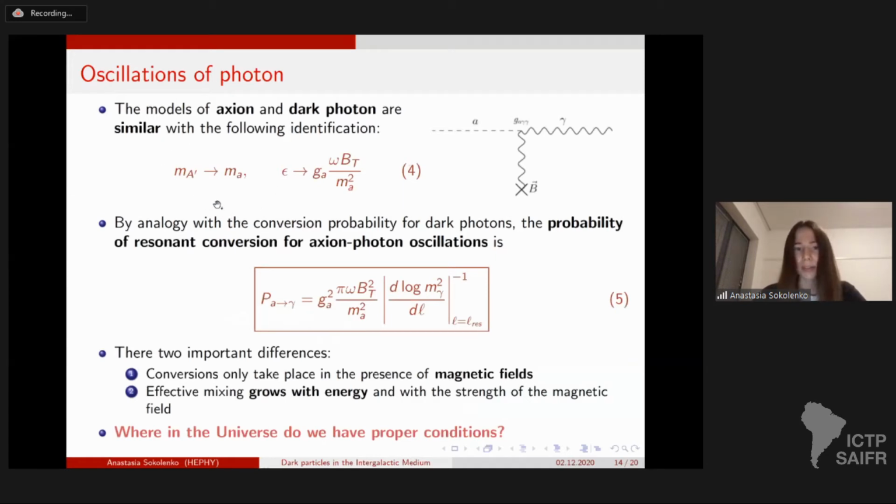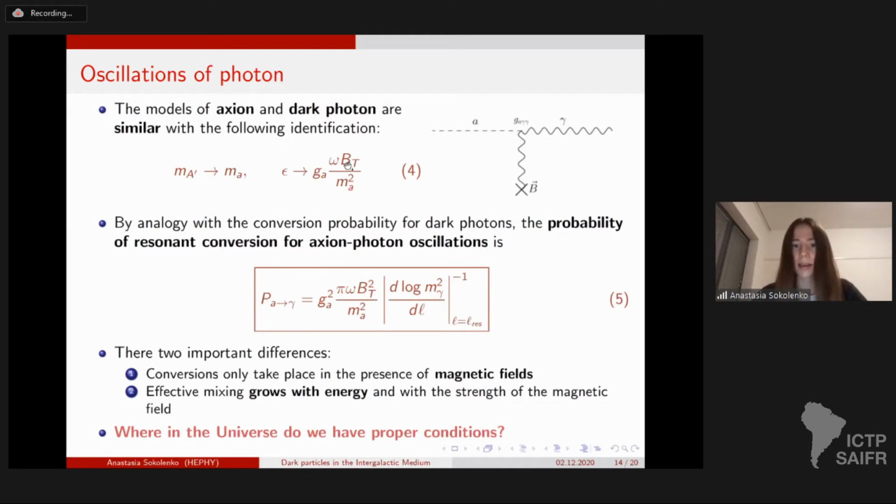So of course you need to change the mass of the dark photon to the mass of the axion, but the coupling constant changes in a quite straightforward way. This time you have an energy dependent coupling constant g, and this conversion can happen only in a magnetic field. So now you have the effective coupling that is proportional to the magnetic field and also proportional to the energy.